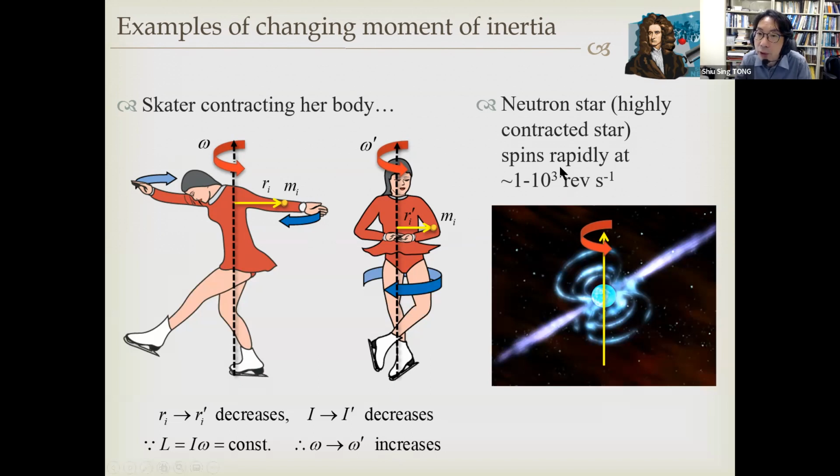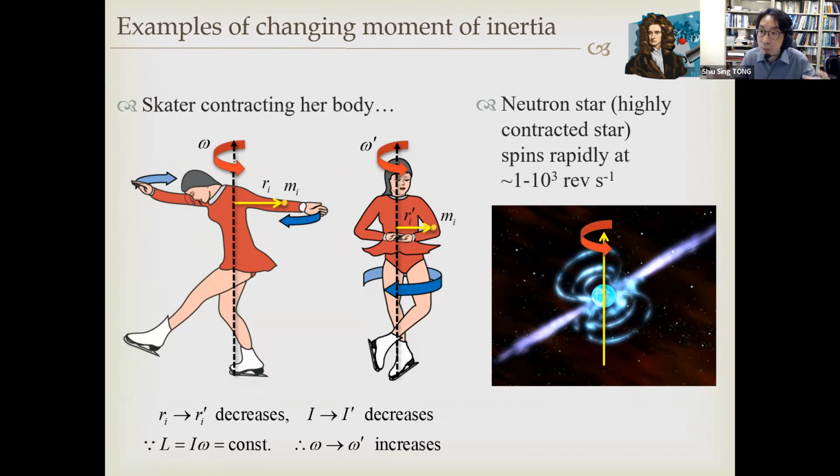Now, I don't know if you have heard about the neutron star. The neutron star is a very compact star that is formed by the contraction of a star that has a mass which may be larger than the sun. A neutron star may carry about 1 or 2 solar masses, or even more.